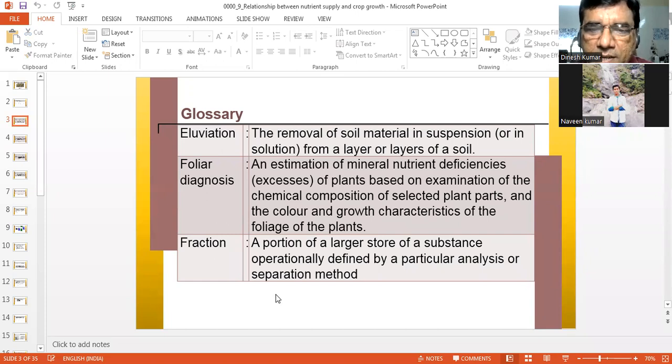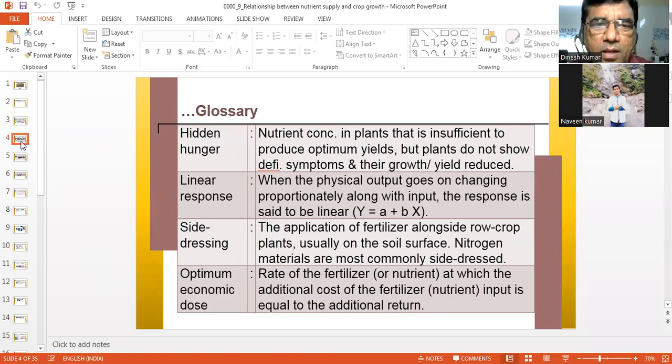Fraction: a portion of a larger store of a substance operationally defined by a particular analysis or separation method. Hidden hunger, I discussed already. Linear response: when the physical output goes on changing proportionately along with input, the response is said to be linear. Y = A + Bx.